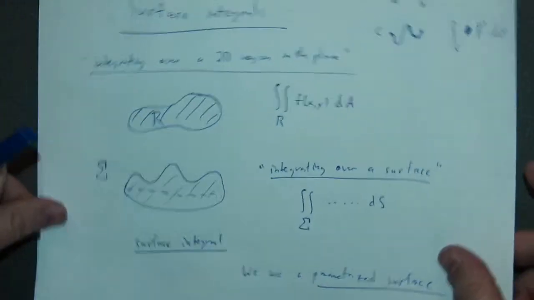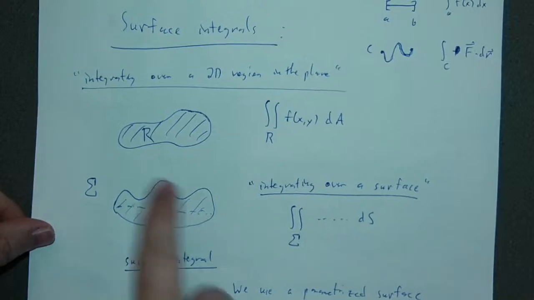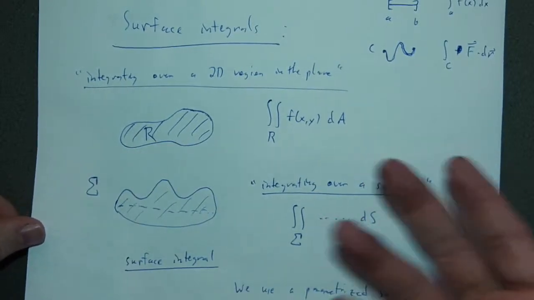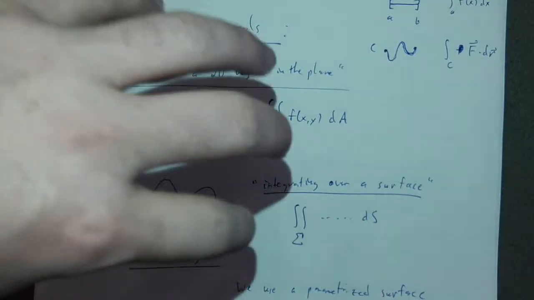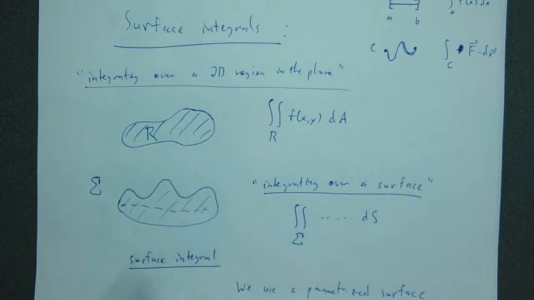Going back to my analogy, the double integral over R computed a volume, the volume of the region bounded above by the graph of f and below by this region R on the xy plane. So this computed a volume before. So what does this compute?